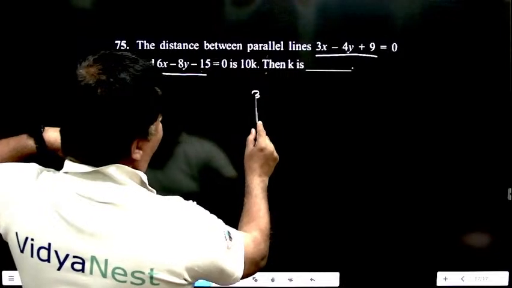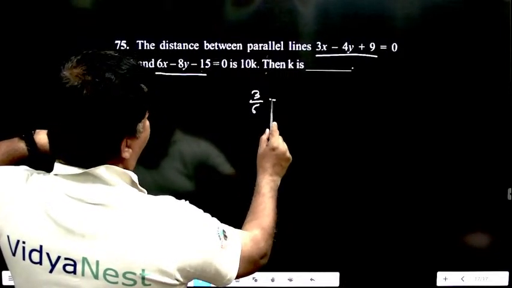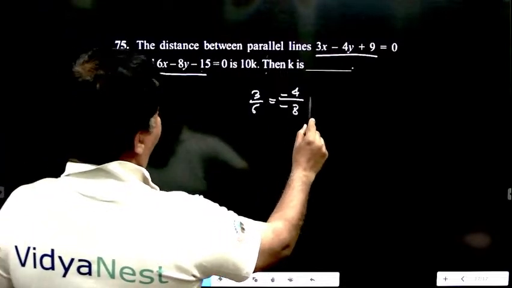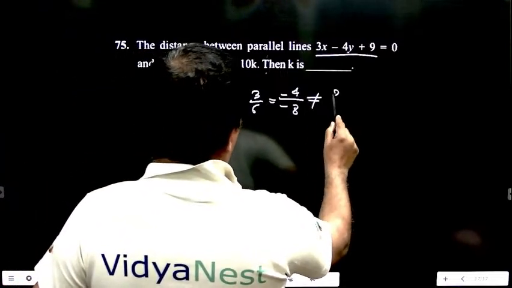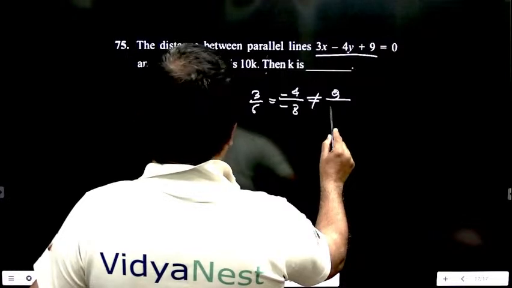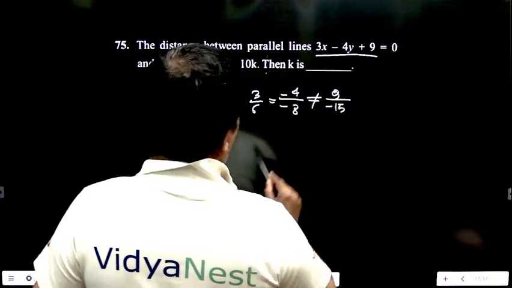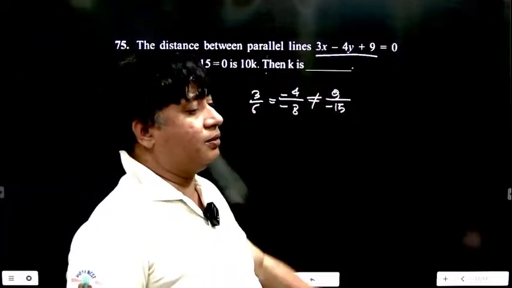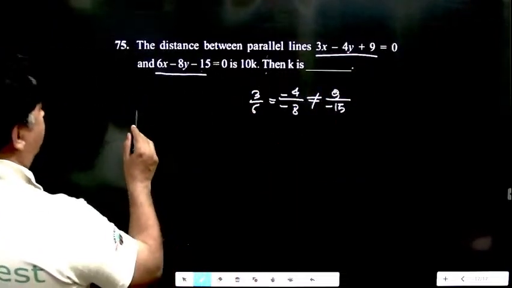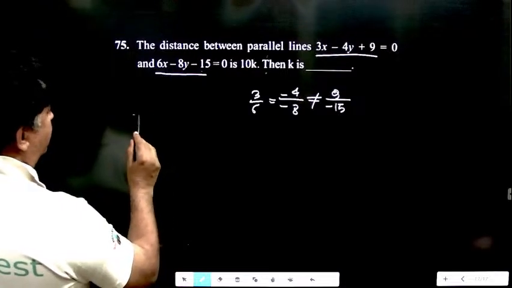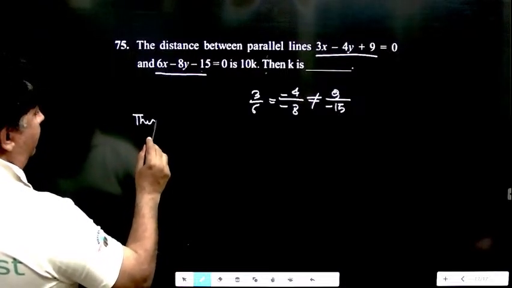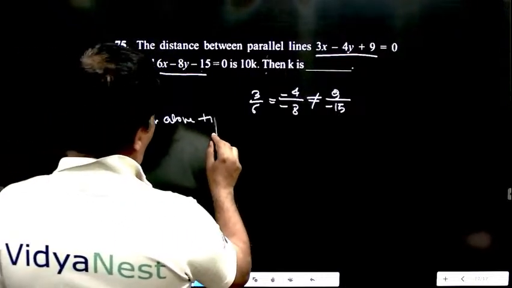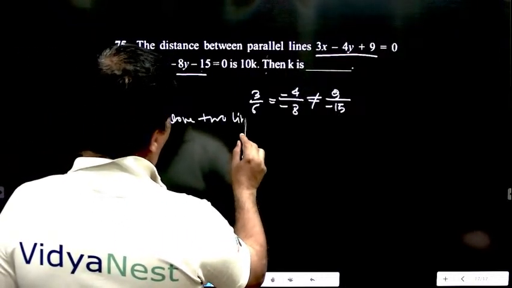If I take the coefficient ratios, A by A1 is equal to B by B1 not equal to C by C1, then the above two lines will be parallel.